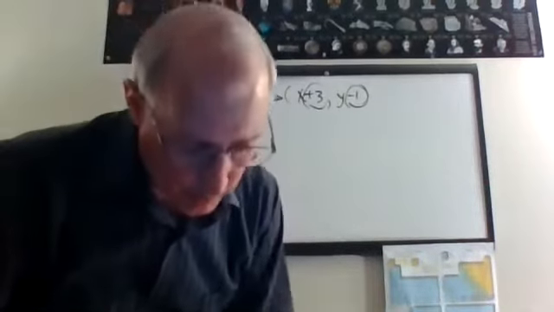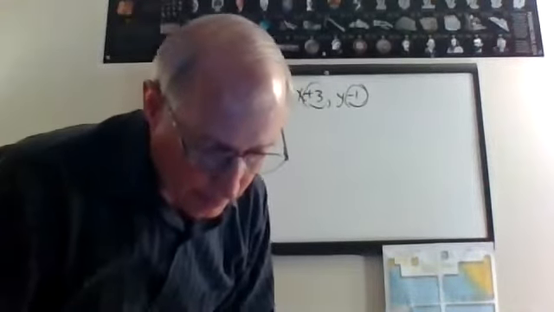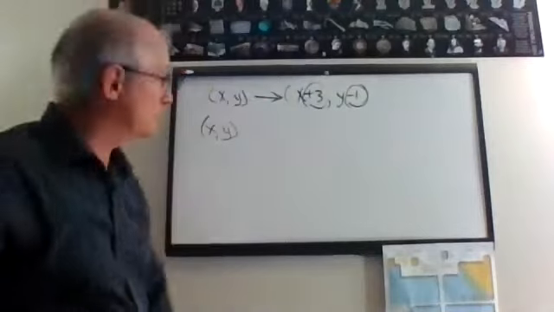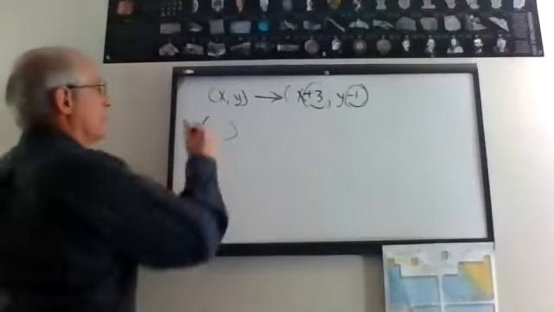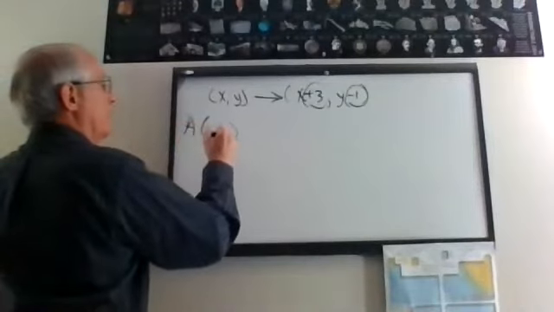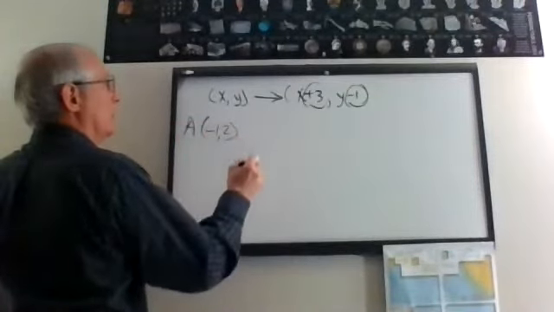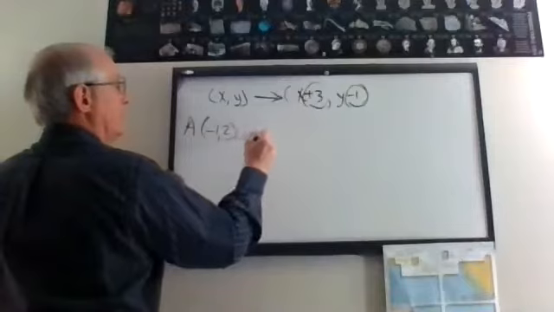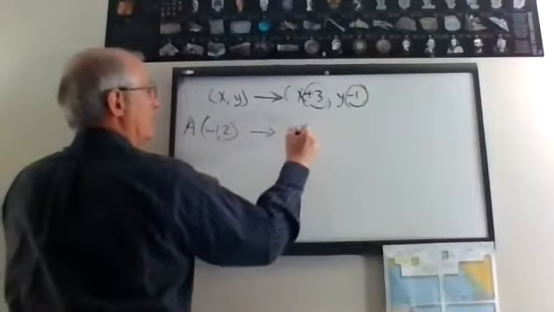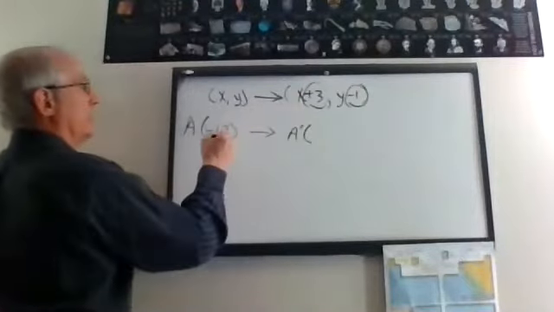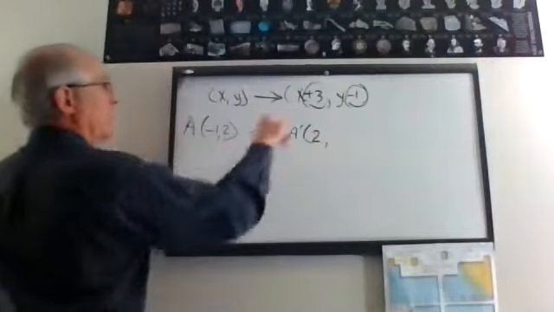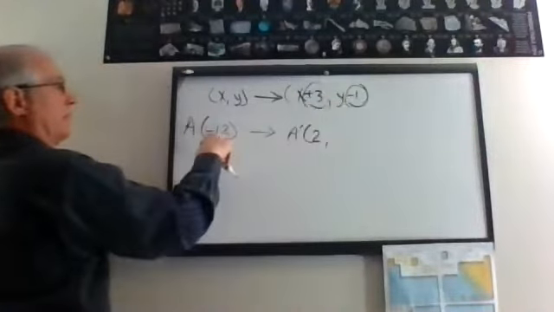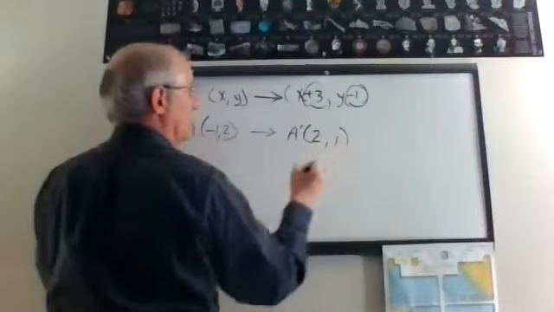It says point A is -1, 2. Now, if we add 3 to that, we get A prime is positive 2. And if we subtract 1 from that, we're going to get 1.